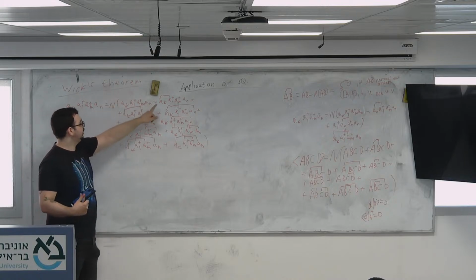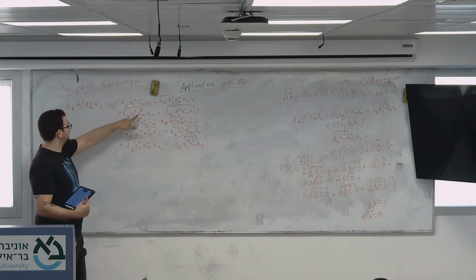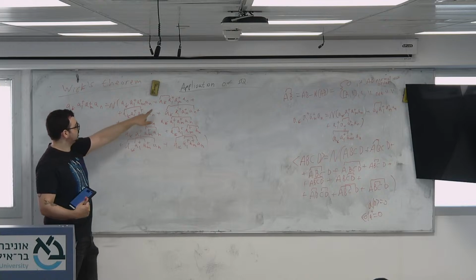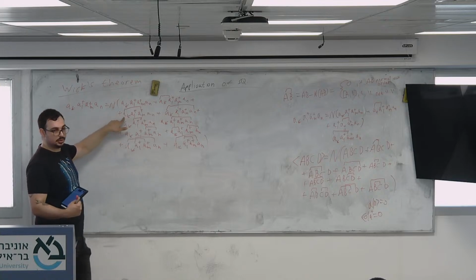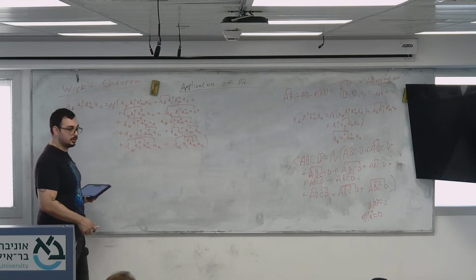Nothing going on here. This is legal, it's not normal order. This one is again not normal order, but notice that it will be either this one or this one, from the delta from the commutator, right?